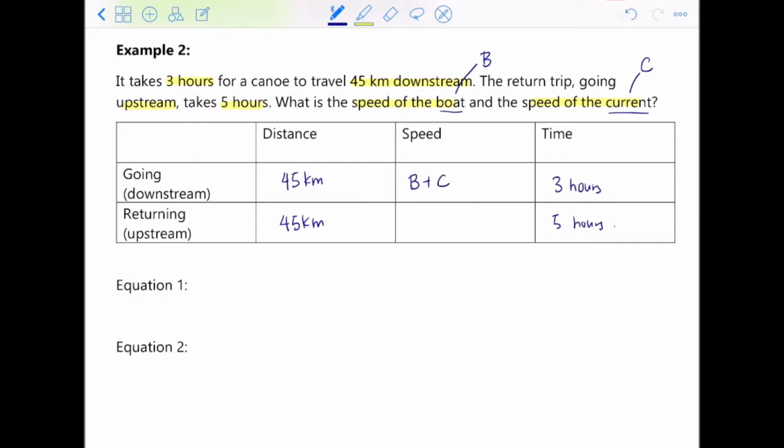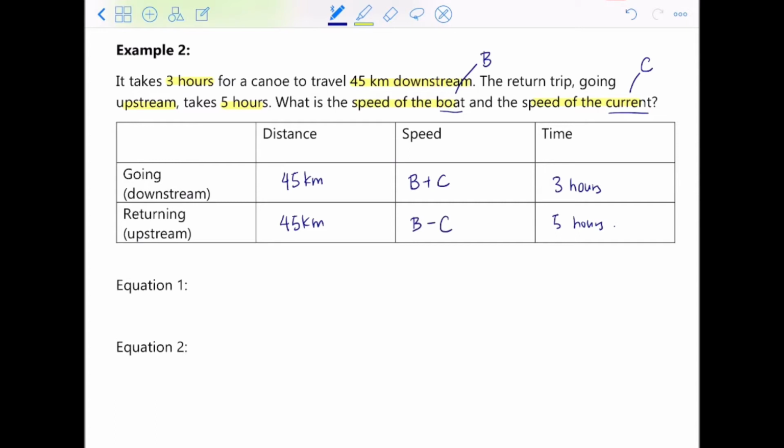So the boat speed is added onto the speed of the current. You're moving along with the current, so you're faster that way. Whereas when you're returning, going upstream, you're going against the current, so the speed of the boat will be decreased by the speed of the current.